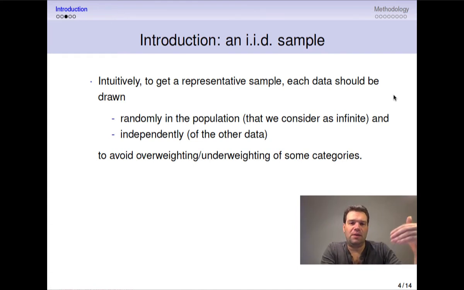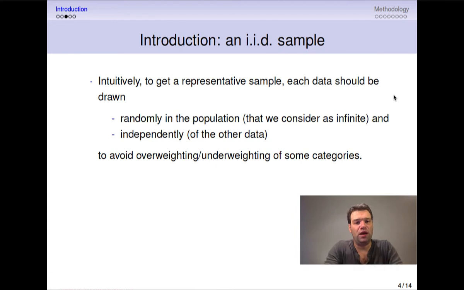And we can say mathematically, okay, if we do like this, the more samples we pick up, the more data we pick up, the closer we are to the real population. Thus, that is a way to construct a representative sample.